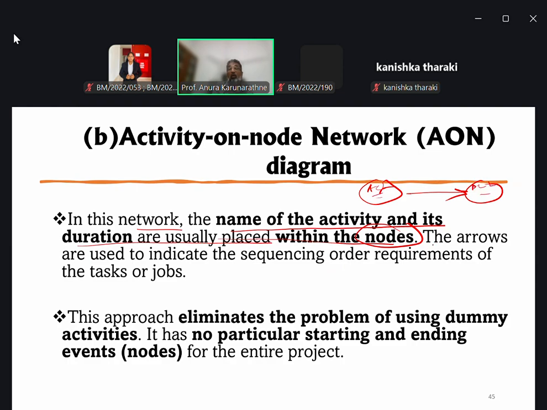That is the nature of activity on nodes. This approach eliminates the problem of using dummy activity. It has no particular starting and ending events or nodes for the entire project. So in AOA, we have a need for dummy activity, but not here.